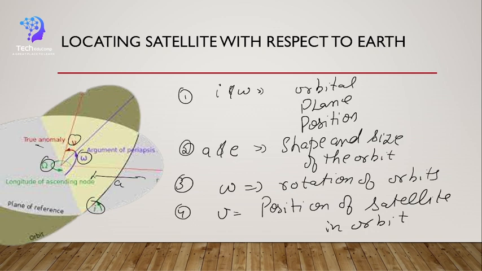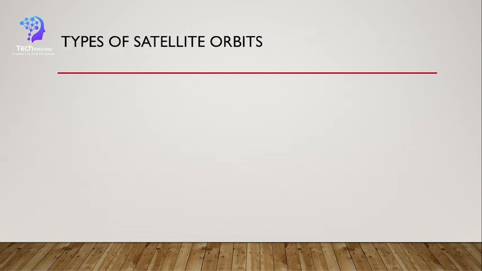So I hope you understand how we can determine the satellite location in its orbit with respect to the Earth. Moving on to the next topic, let's see what the types of satellite orbits are. As we know, the satellite revolves around the Earth in predetermined paths known as orbits.